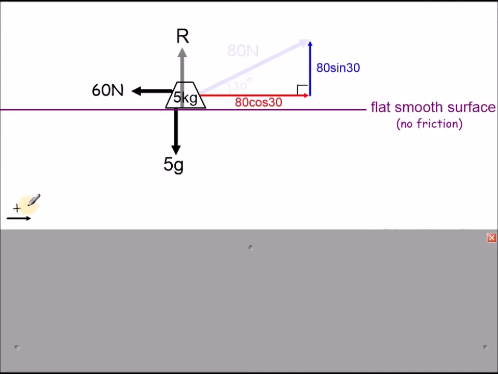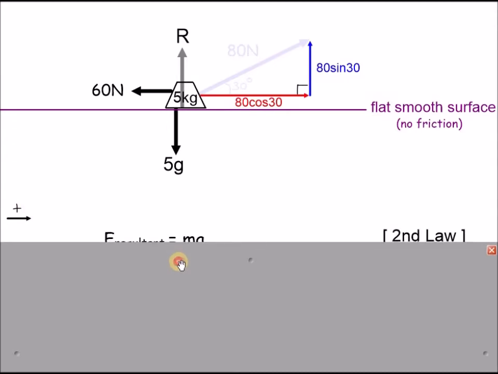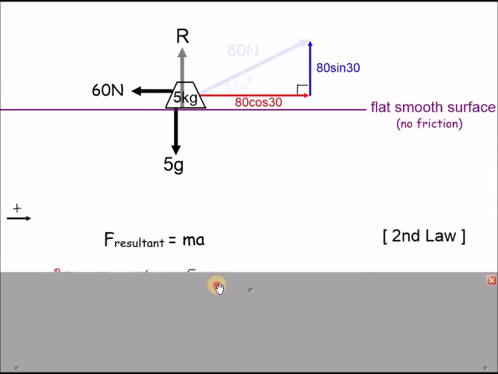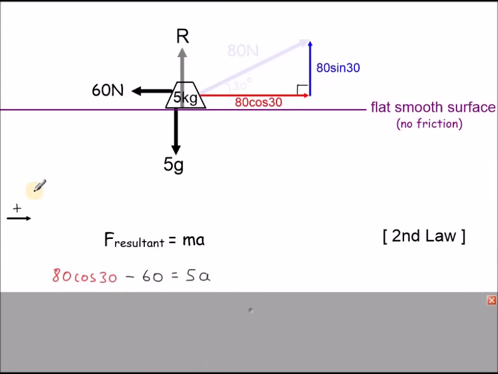Now horizontally, taking this as the positive direction, we can use the second law, F equals ma. The resultant force this time, if we take this as the positive direction, will be 80 cos 30 minus 60, that's the resultant, equals the mass 5 times the acceleration, which is what we're after.